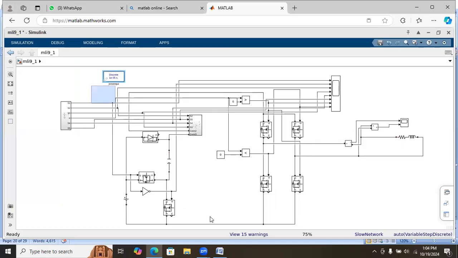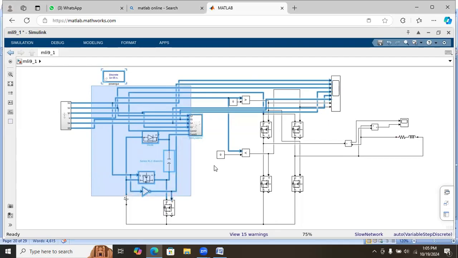Here this part is for level generation, and the H bridge inverter is for polarity generation.